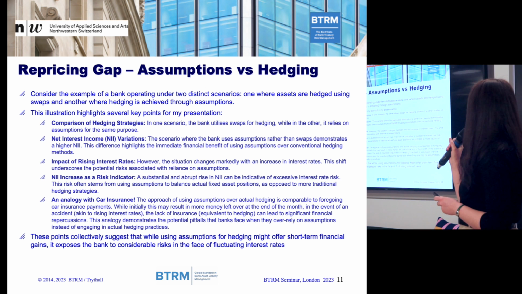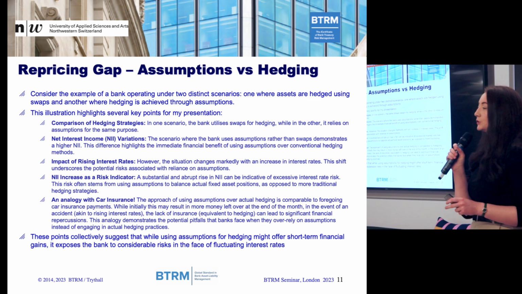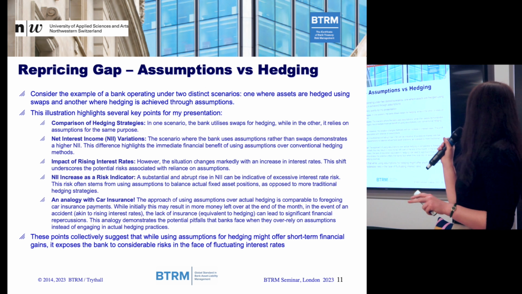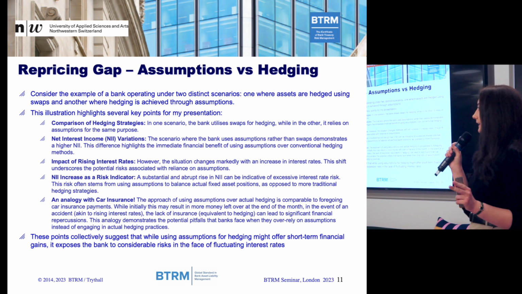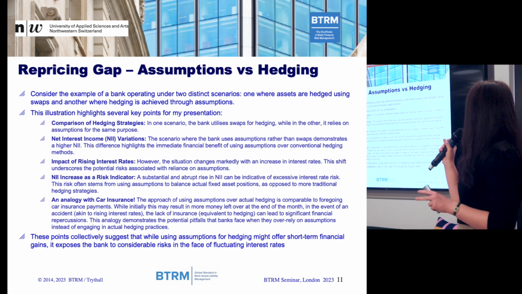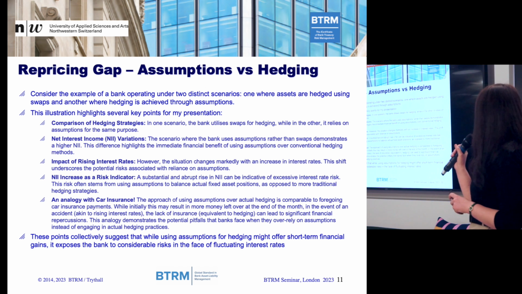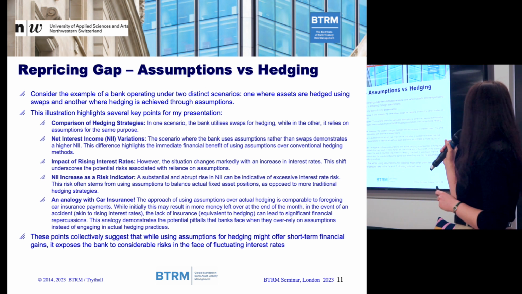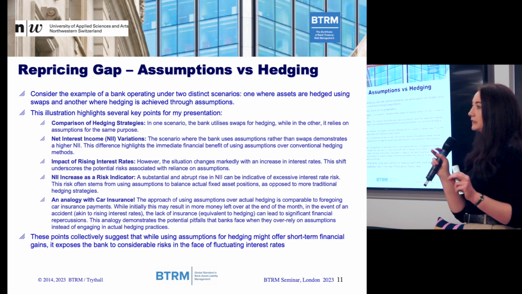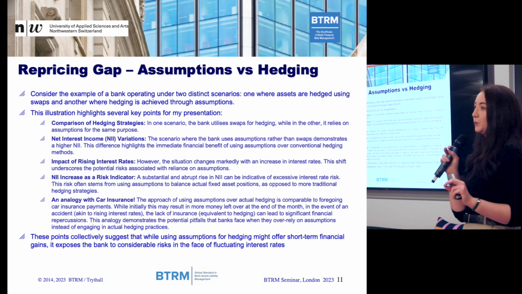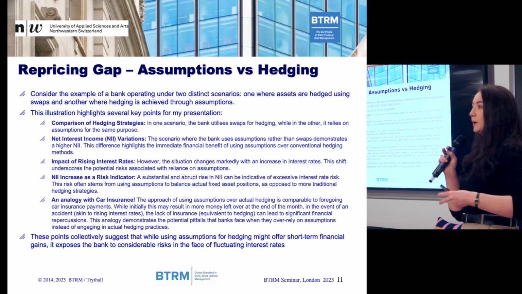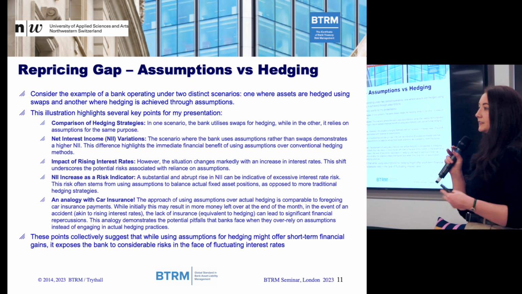And I'll also go into an example of what happens when interest rates increase. So your NII change over a BAU kind of period, and then your NII when rates have increased. An analogy that I like to use is that it's like car insurance with your NII, where you make your monthly payments on the car insurance, and that's like your hedging.